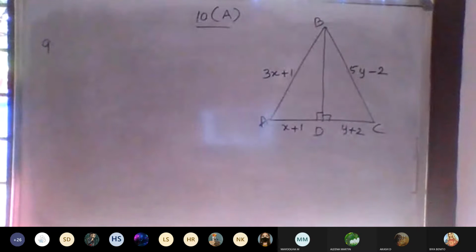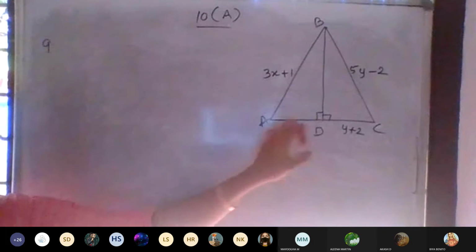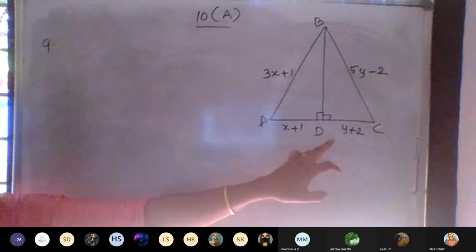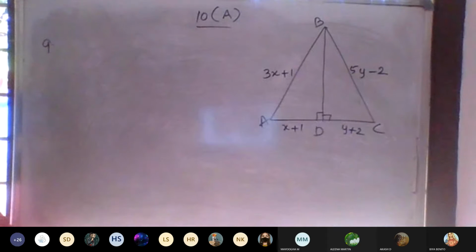In the triangle ABC, BD bisects angle B and is perpendicular to AC.